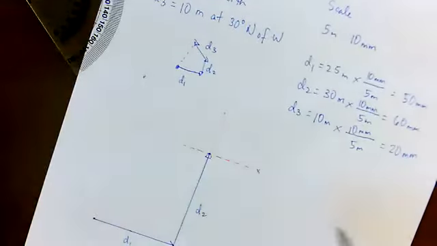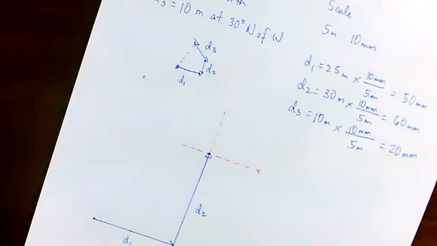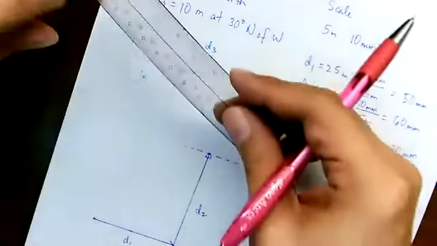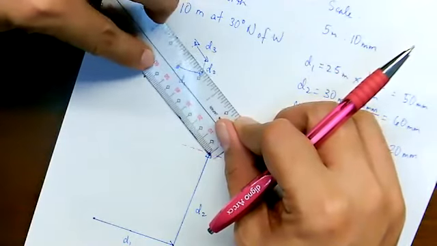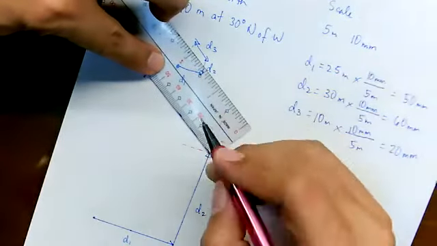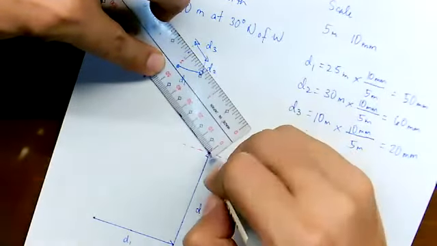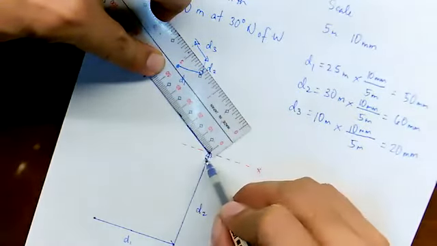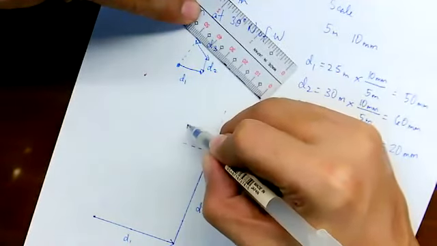From here, we measure 20 millimeters. Then we put the arrowhead.